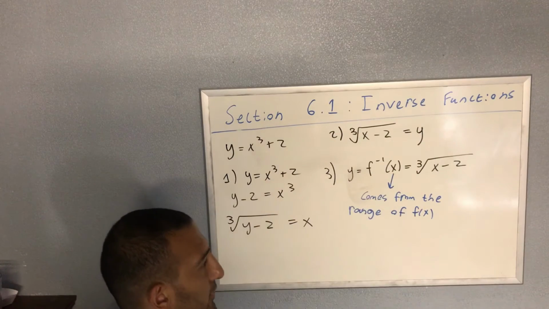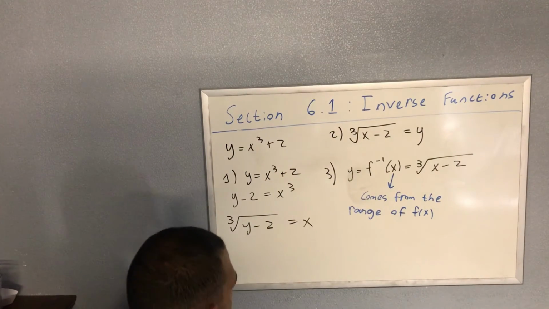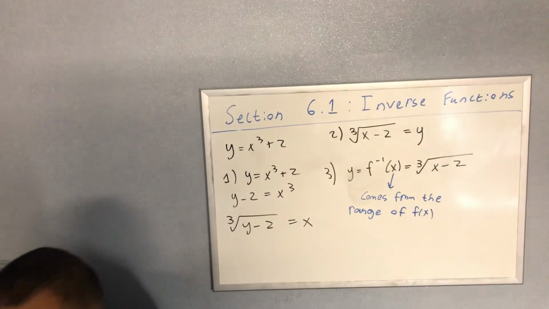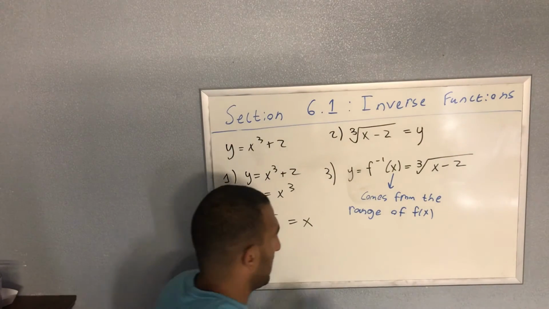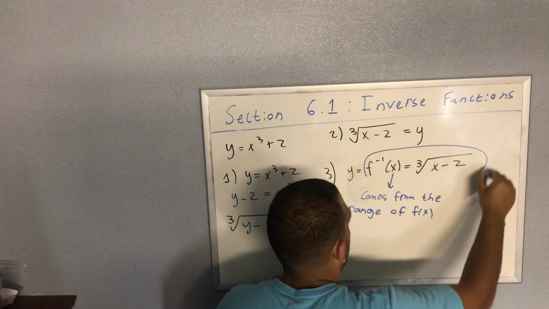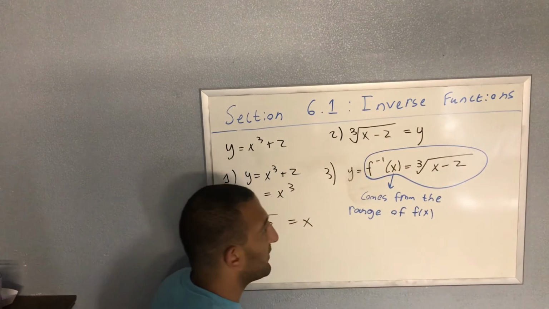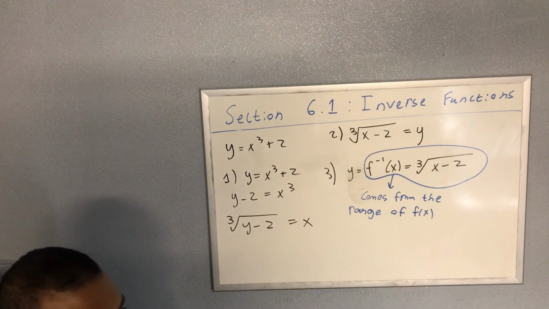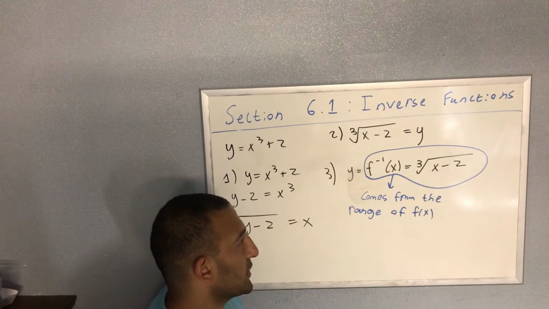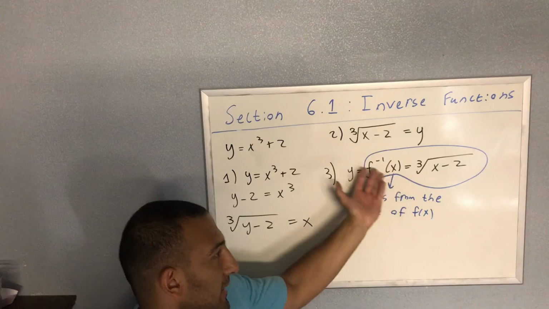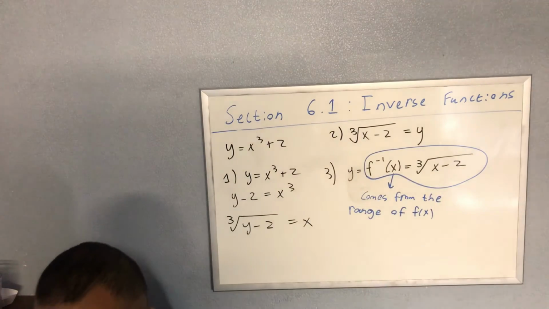This is from the range. So you have to be very careful. So yeah, this thing here would be f inverse of x. This is an explicit formula for the inverse function. If it is a function, it'd be nice if you can find an explicit expression for it.